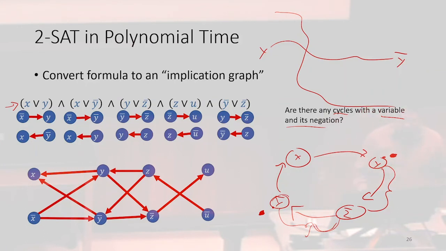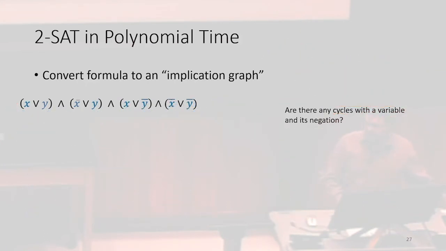So for instance, here is an example that is not going to be satisfiable. Here is x or y. So whenever x was false, that implies that y must be true. This one says whenever y was true, that must have meant that x was true, because I couldn't satisfy this clause for y being true unless x was also true.